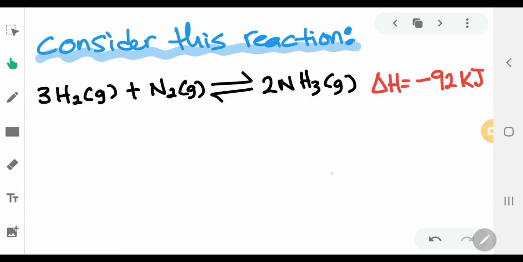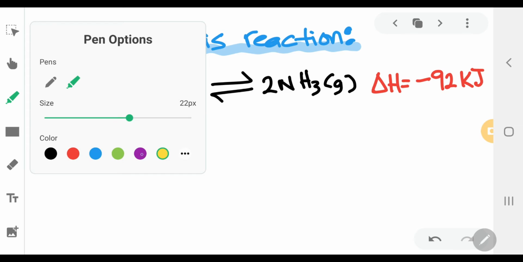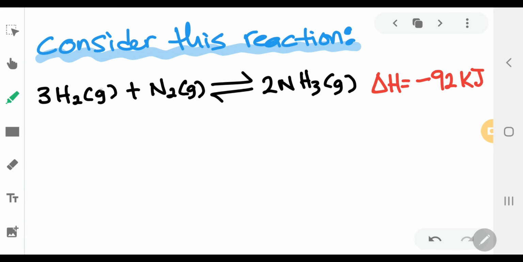Let's consider this reaction over here. Most of the time, you're going to have a balanced equation given to you with the phases on every species, to tell you whether it is homogeneous or heterogeneous. What we have here, all of them are in the gaseous phase, so we know that this is a homogeneous reaction.